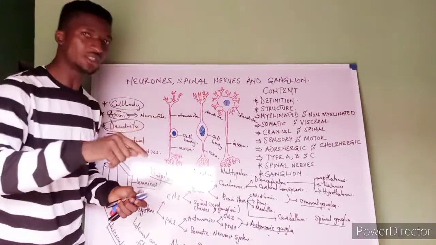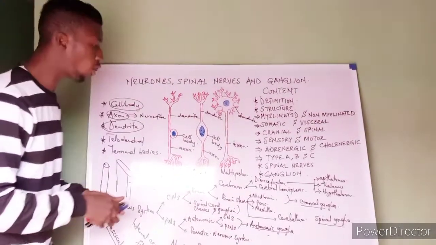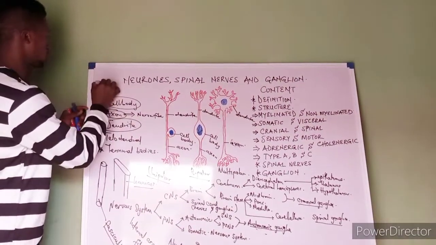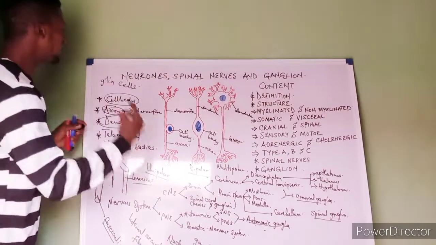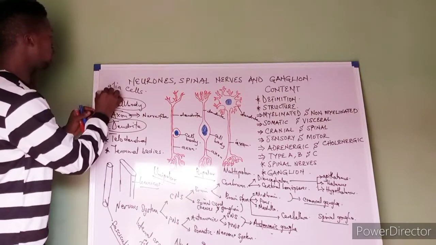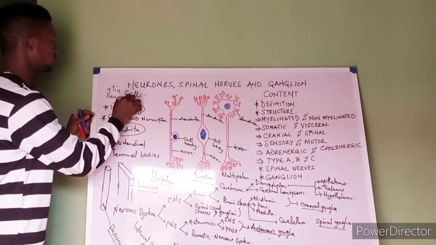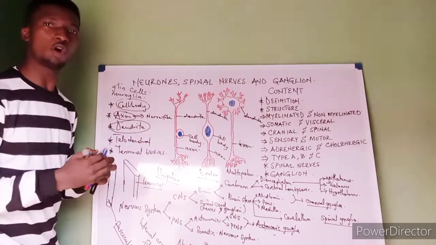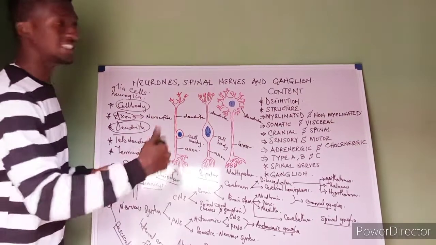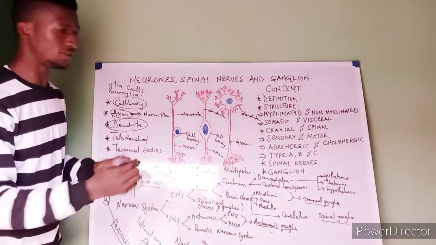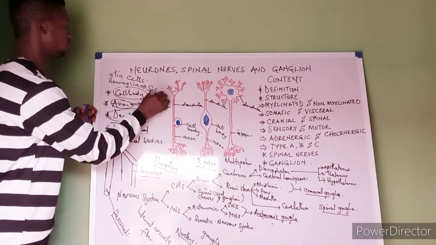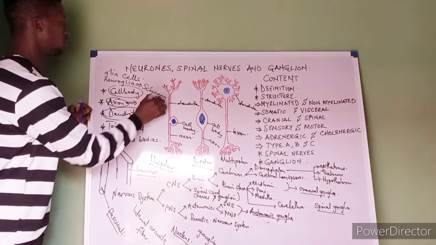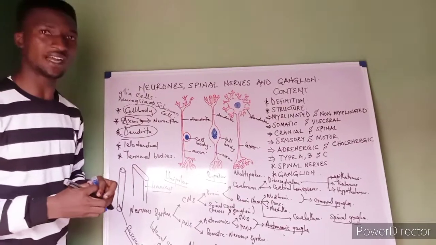The supporting cells in which nerve cells are found are called glial cells. These glial cells are also called neuroglia. An example of this is the Schwann cell. Schwann cell is an example of a neuroglia cell.